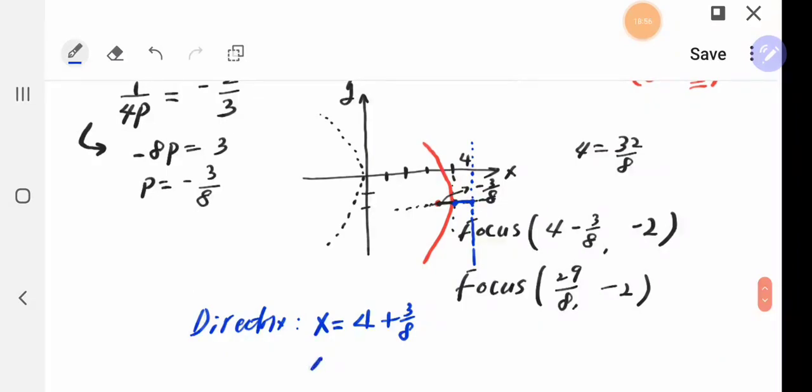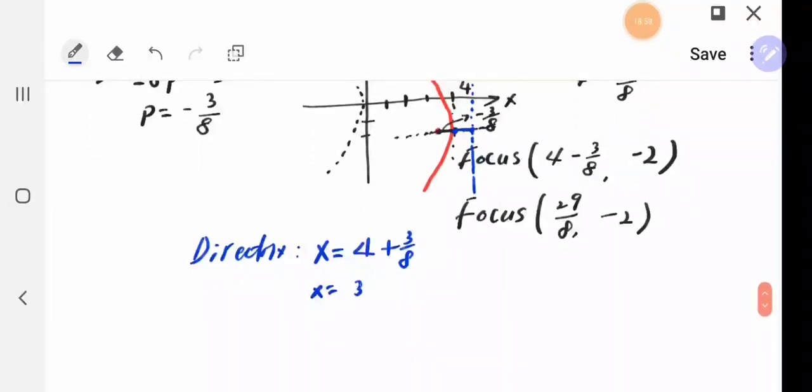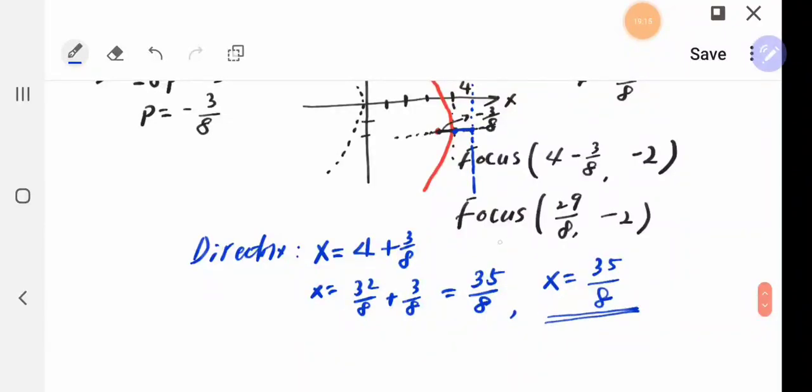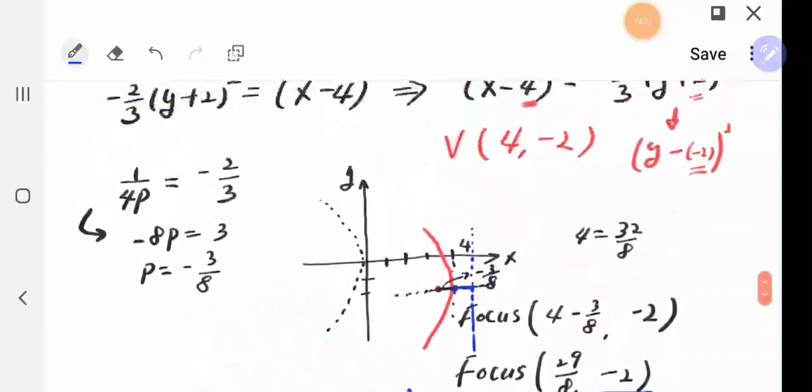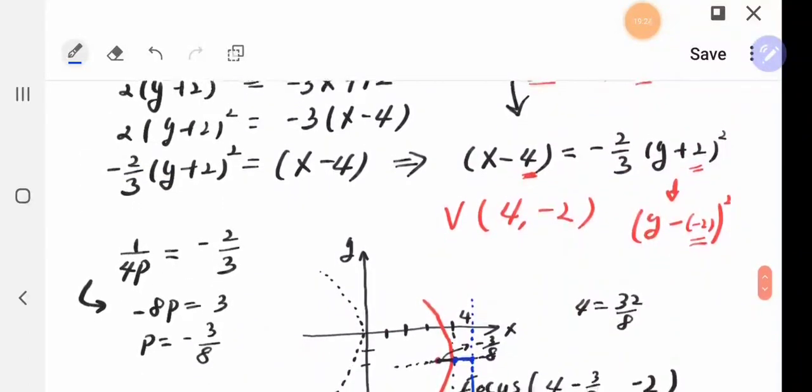So that is equal to 32 over 8 plus 3 over 8, so 35 over 8. So the directrix is x equals 35 over 8. The focus is this one, and the equation is this.